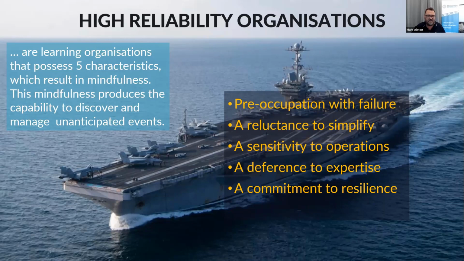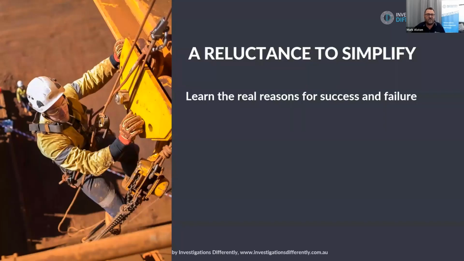These are the principles of a high reliability organisation. How does this help us with investigation? Because if we're a learning organisation, that's what our investigations will do. They'll actually help us learn and improve, right? And if we look particularly in today's frame of reference for systemic issues, we look at this reluctance to simplify, right? They're learning the real reasons behind success and failure, not just failure, success as well, right?